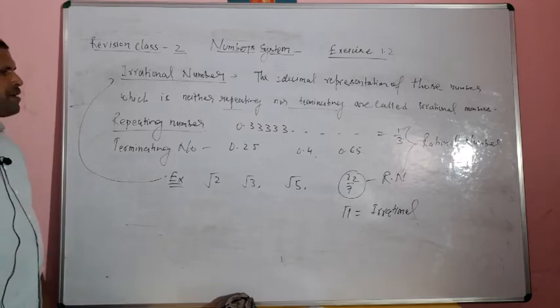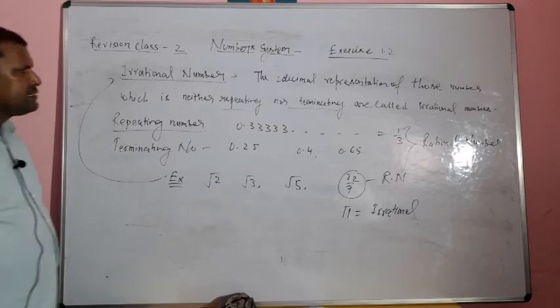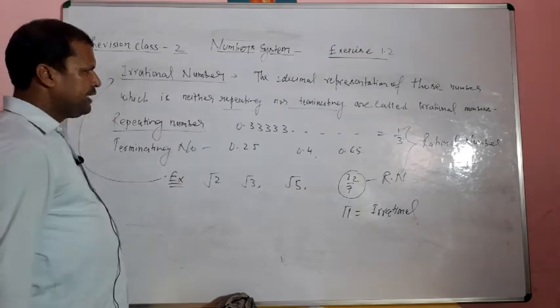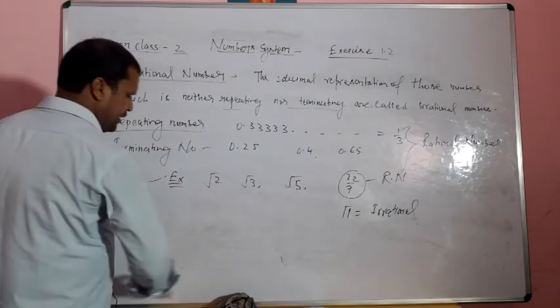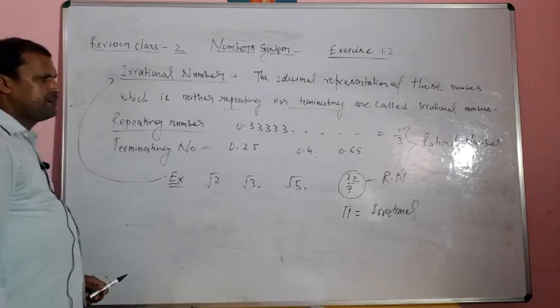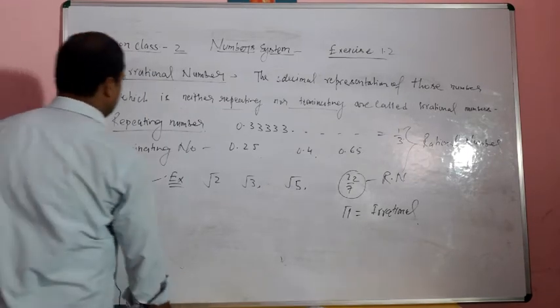So in exercise 1.2 we have the question: convert some given numbers in the form of p by q.